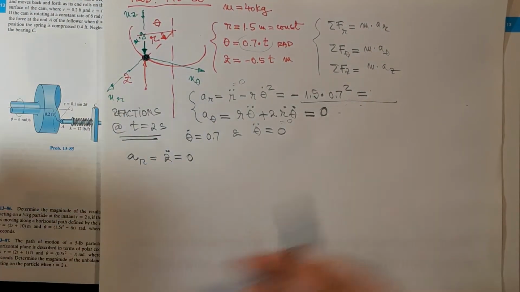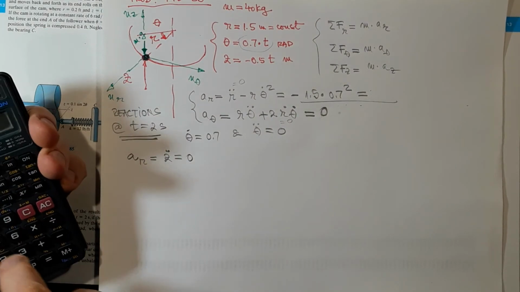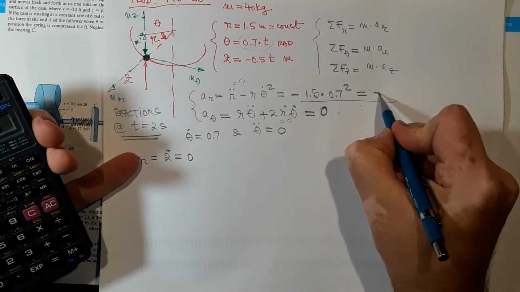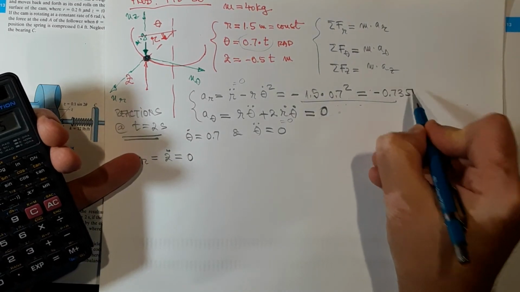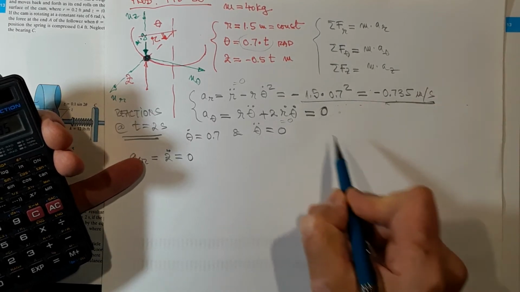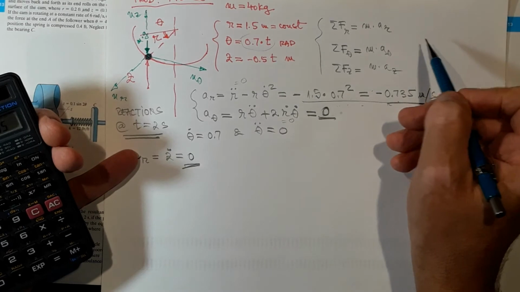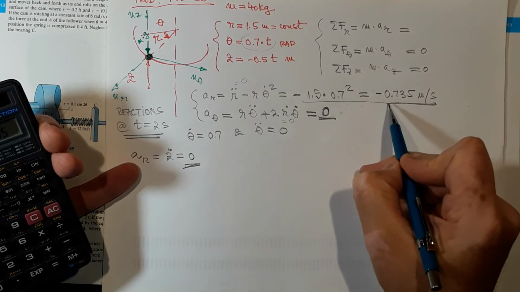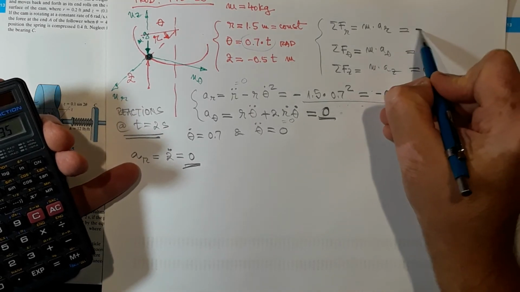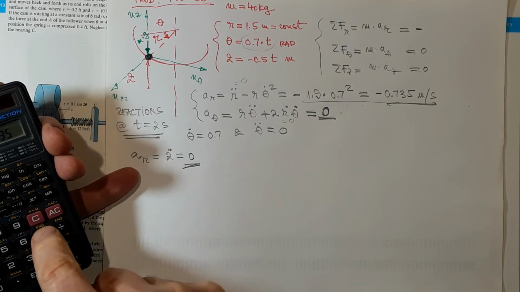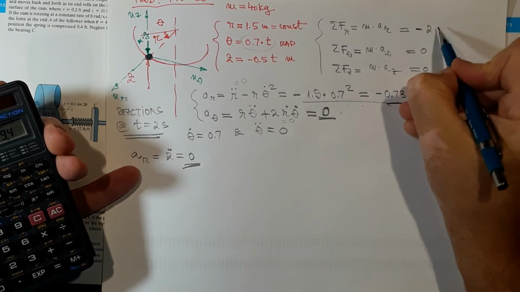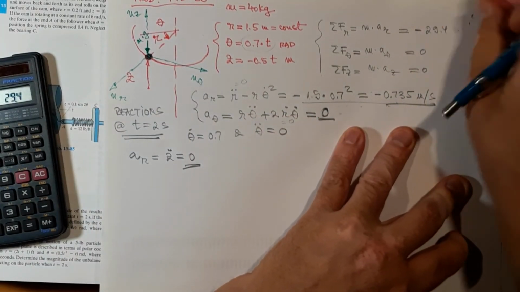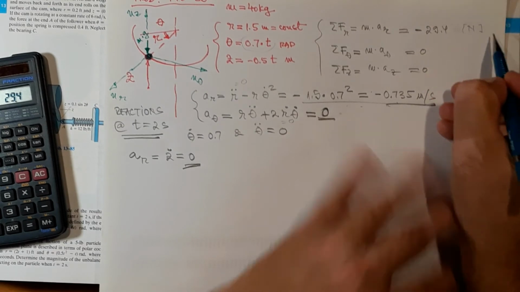I have 1.5 times 0.7 squared, with the minus in front, so negative 0.735 meters per second squared. This is the non-zero one, the other two are 0. Then the boy is 40 kilograms, I'm multiplying by 40, and I have negative 29.4, that's newtons.